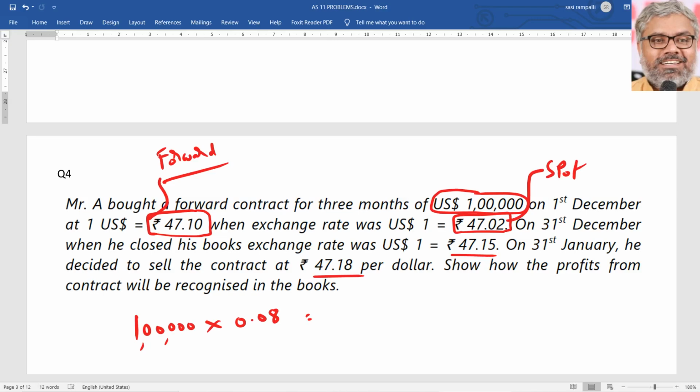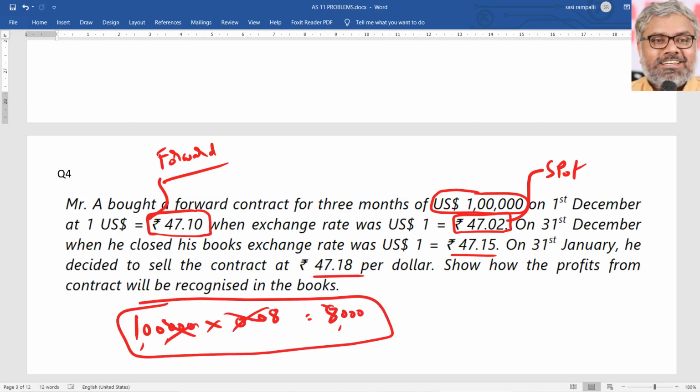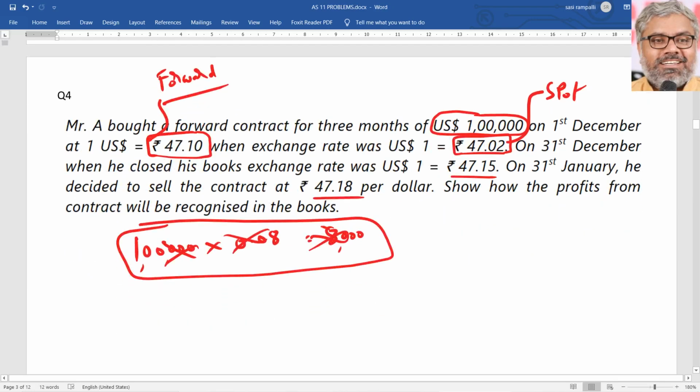That means 8,000 rupees difference is there. This is all actually useless. Why? According to Accounting Standard 11, we should not recognize this at all. It should be ignored. Whatever the difference is there, whatever the premium is there, that should basically be ignored. So there is no point of looking at it at all.